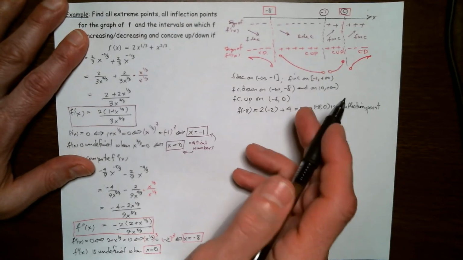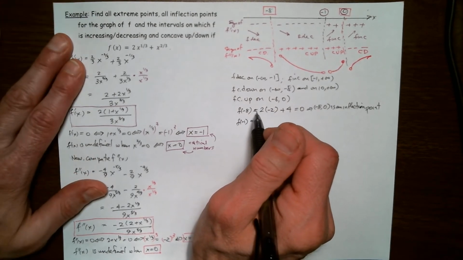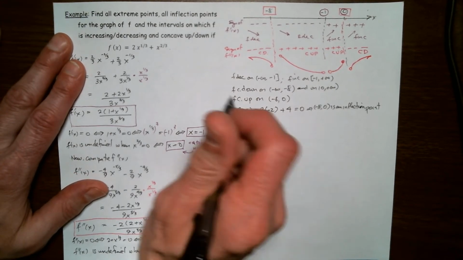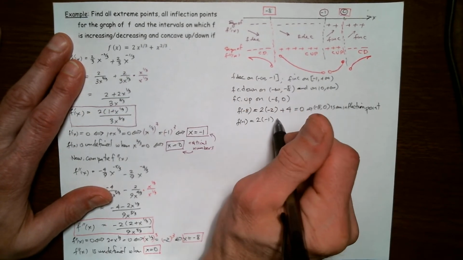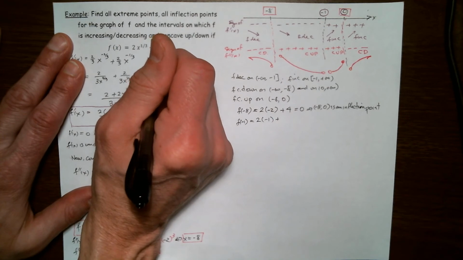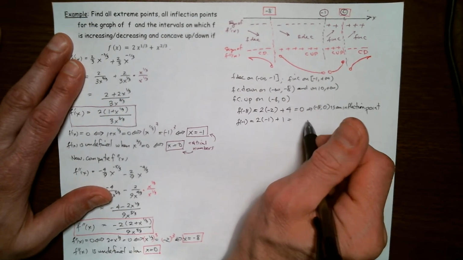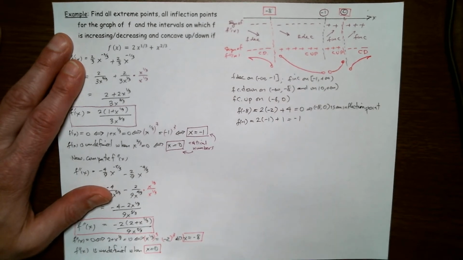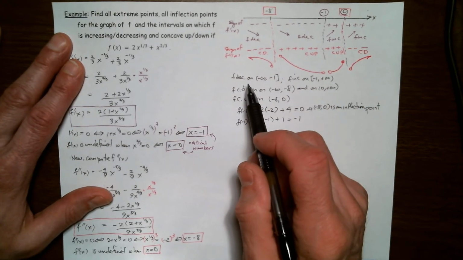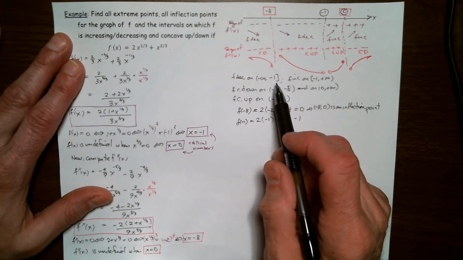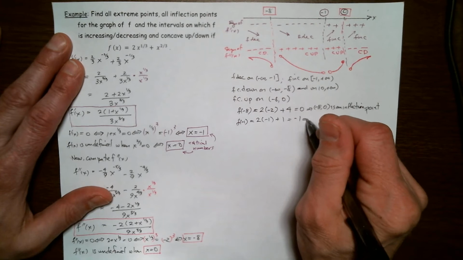So our next point has an x-coordinate of minus 1. The value of f at minus 1 is going to be 2 times the cube root of minus 1, which is minus 1. The cube root of minus 1 squared is plus 1. So minus 2 plus 1 is minus 1. So we see that the function was always decreasing to the left of minus 1, increasing to the right at minus 1.